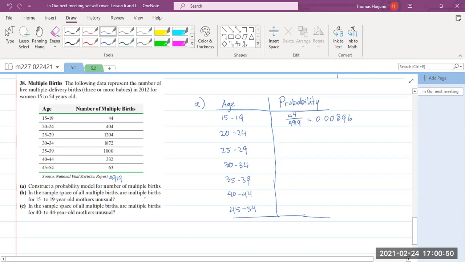Now, is it unusual? You will say usual or unusual, and how do we know? Unusual, less than 5. Unusual because less than what? Less than 5%.